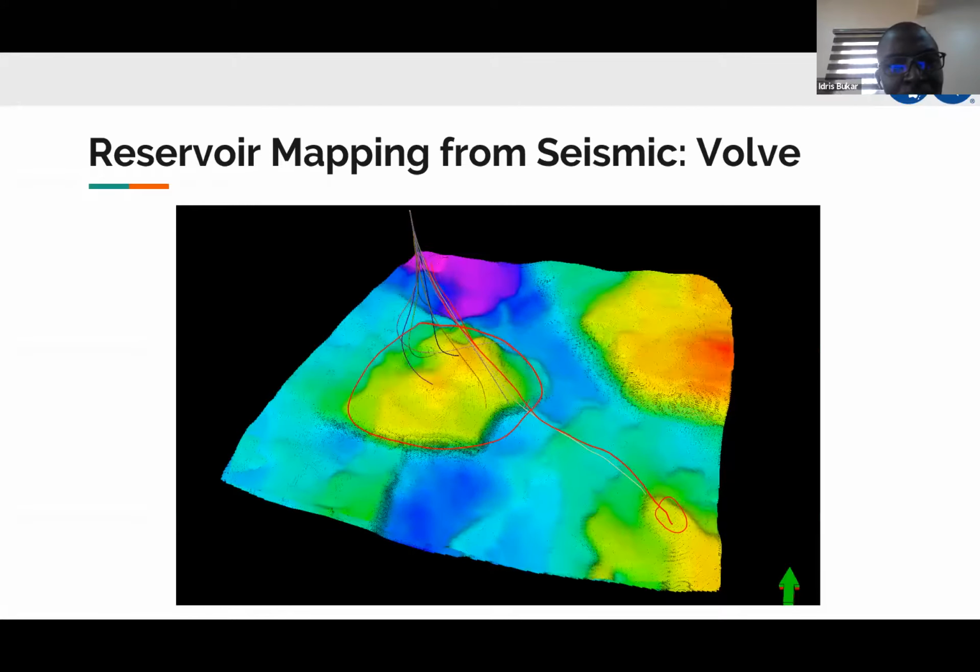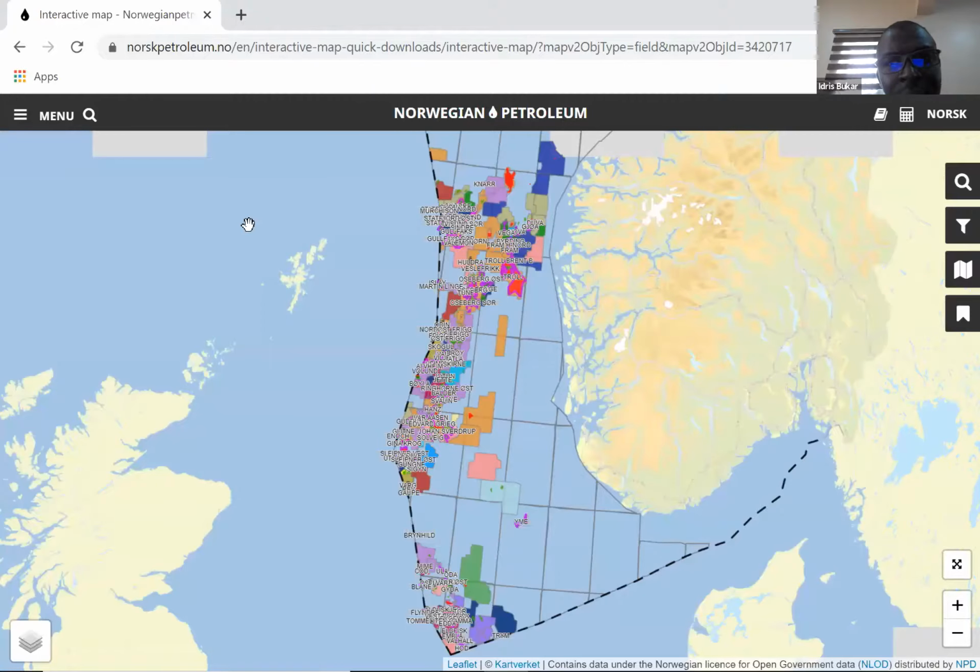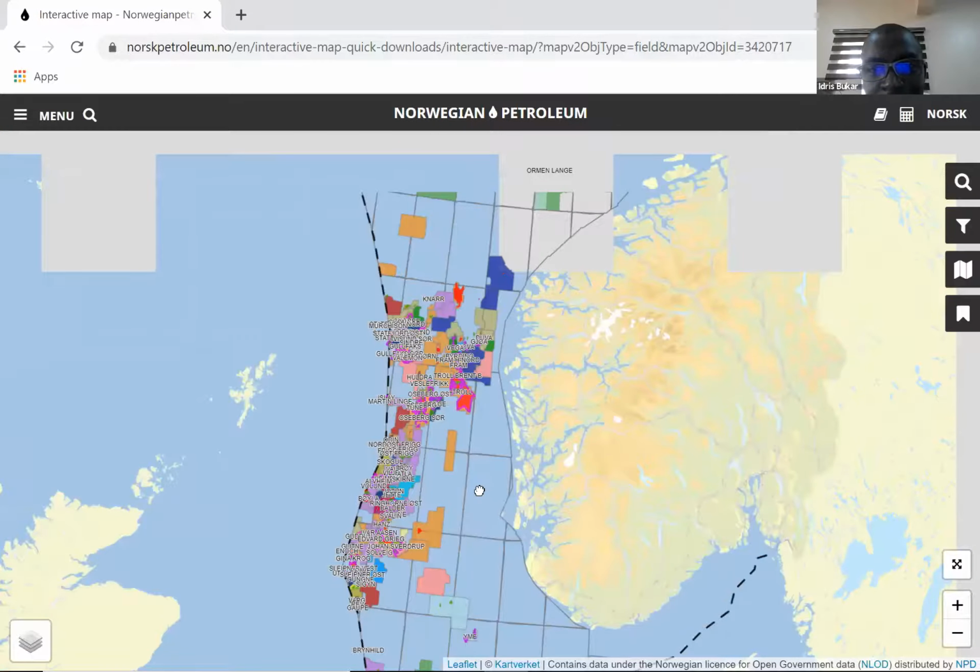Let me go to this map so I can show some of the things I've been trying to. I find this quite interesting that this is basically open access. This is accessible to everyone. This is the map of the fields in the Norwegian continental shelf.